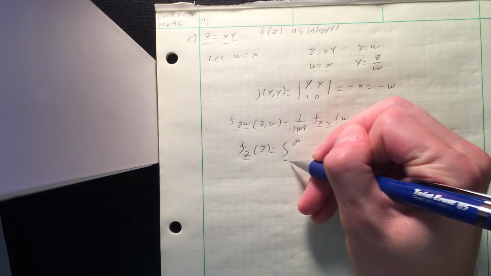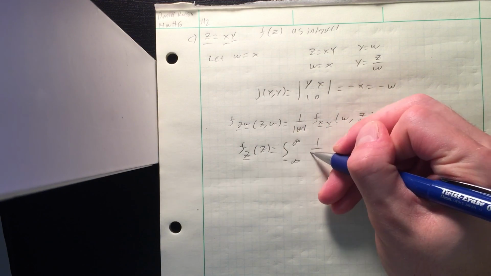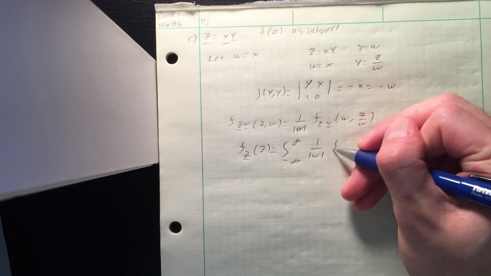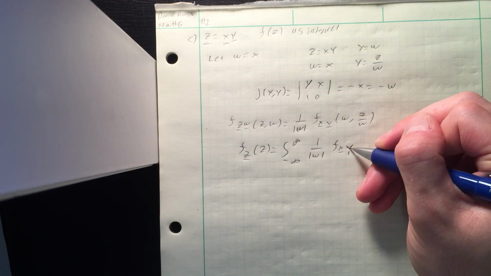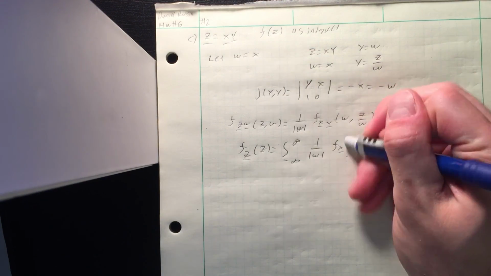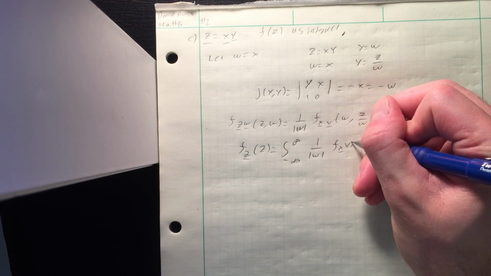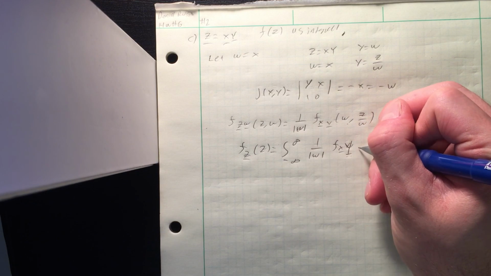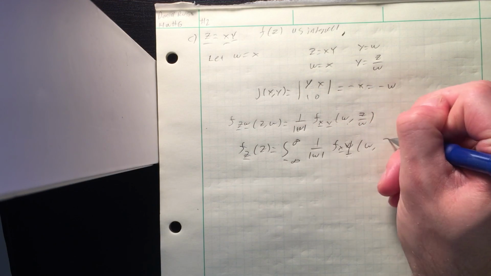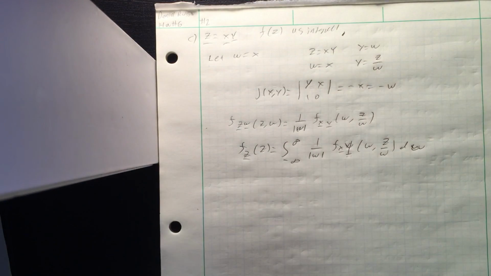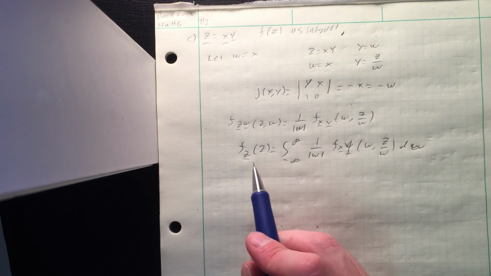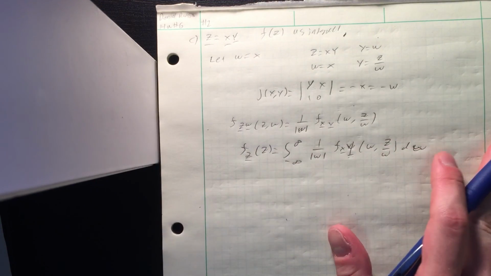You can then use that to get f of z, the integral of 1 over the absolute value of w, f of xy, w, z over w, dw. And because we can leave it in integral form, that's as far as we can take that one.